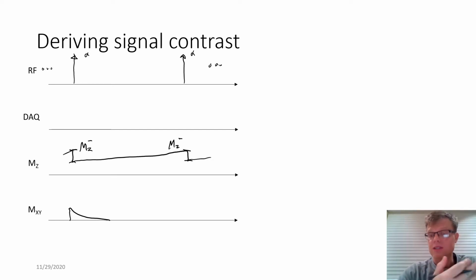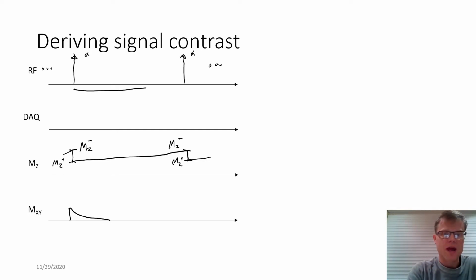And what I've said is the steady state. It means that these two are in fact equal. And then this value here, call this MZ plus. Again, it will be the same between our two different TRs here. I should add that timing on as well.